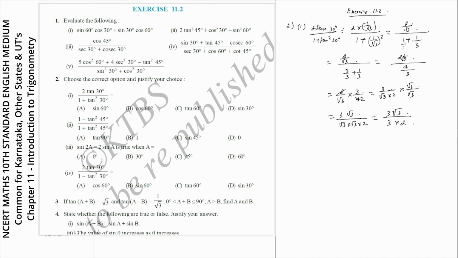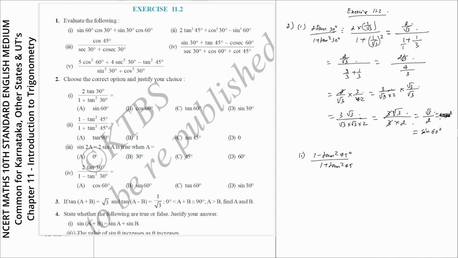I'll be left with 2. Now 3 will get cancelled. So this is root 3 by 2. Root 3 by 2 is also equal to cos 30 degree, and root 3 by 2 is also equal to sin 60 degree. So my option is A.